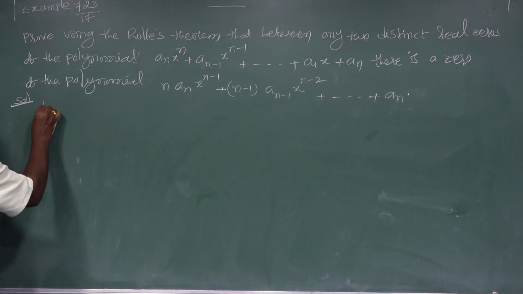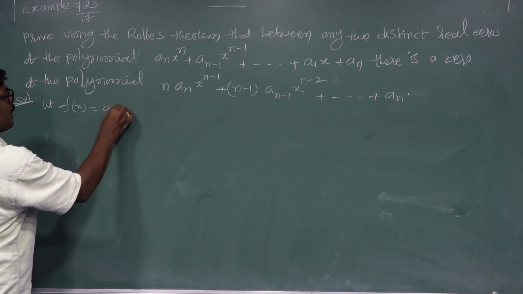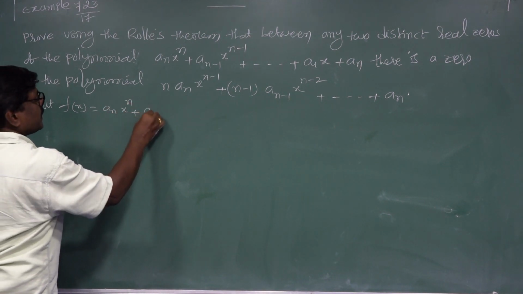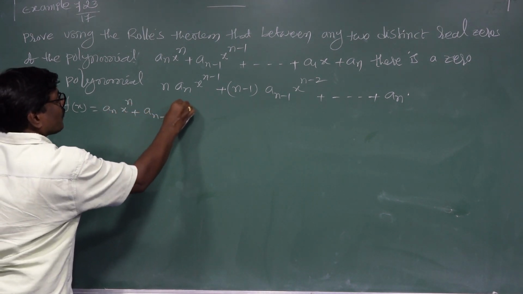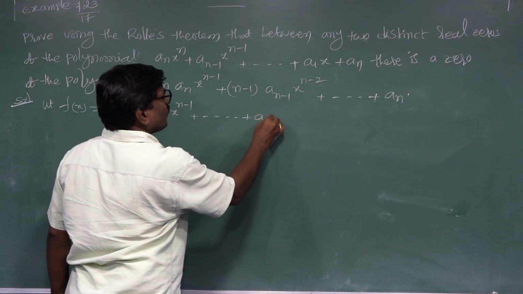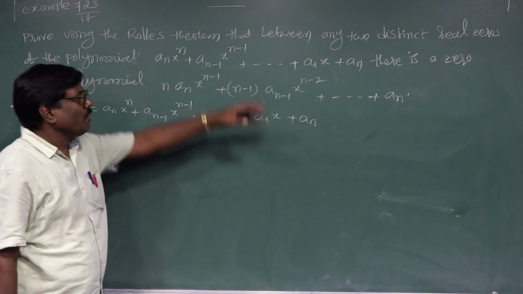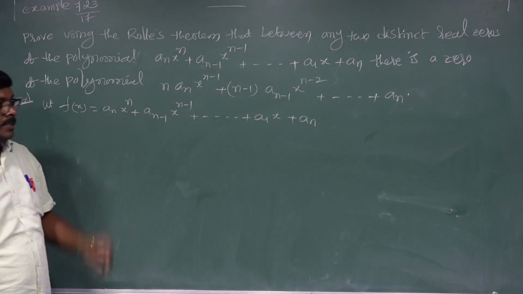Given: let f(x) = a_n x^n + a_{n-1} x^{n-1} + ... + a_1 x + a_0.